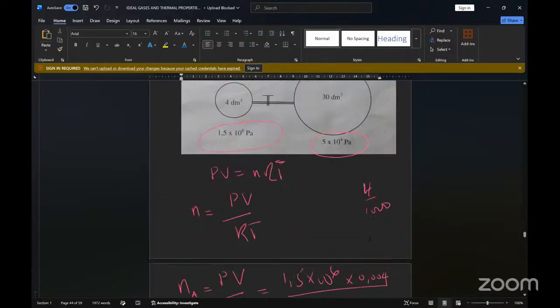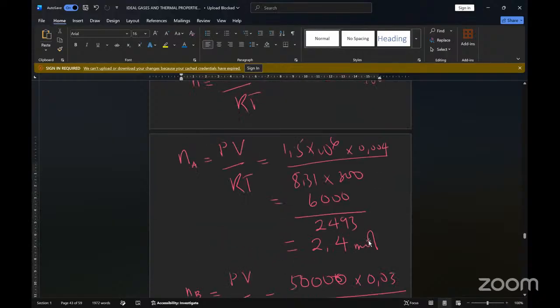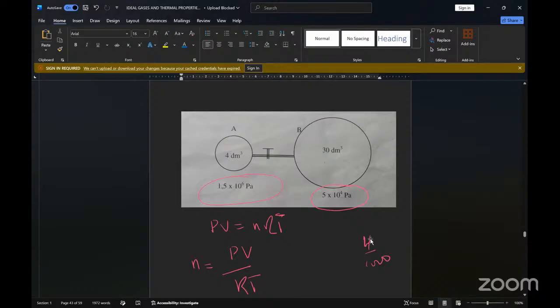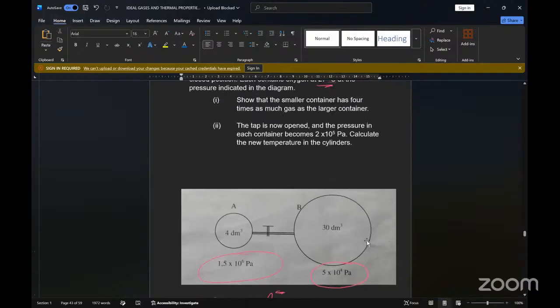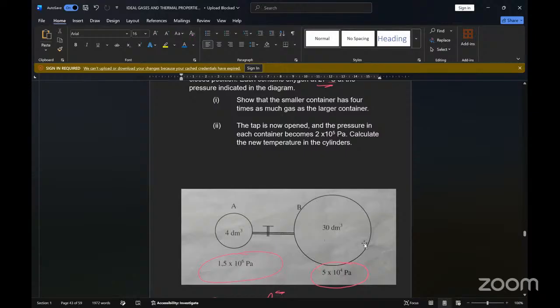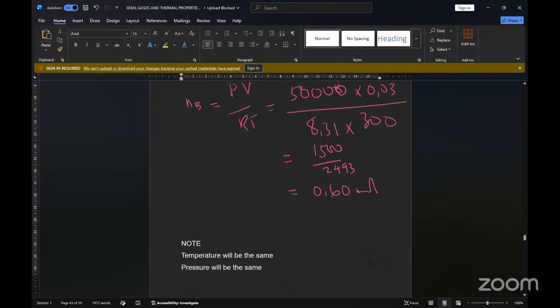So the amounts, we have calculated them. The amount in vessel A is 2.4 mole, and the one in container B is 0.6. But the question says show that the smaller container has 4 times as much gas as the bigger container. When you are given something like that and they say show that, you divide the bigger one by the smaller one.